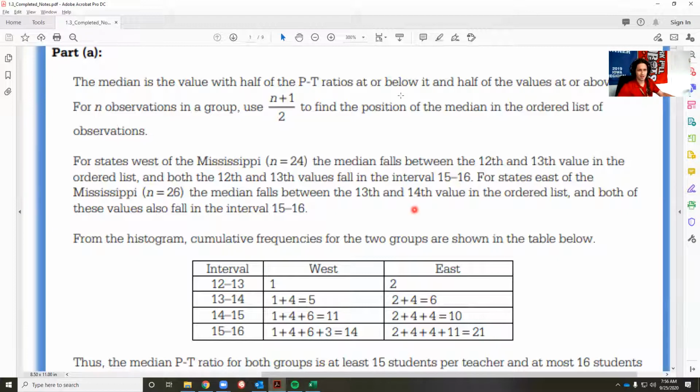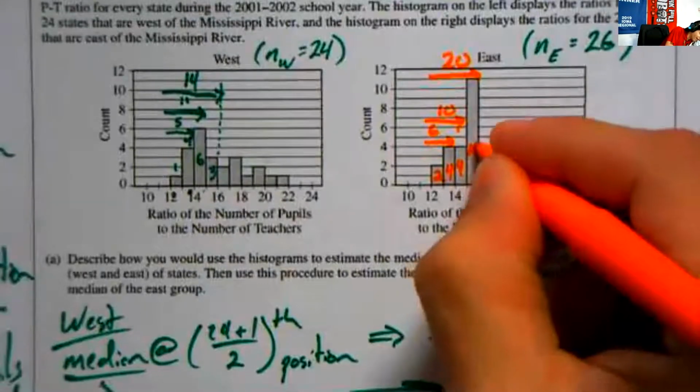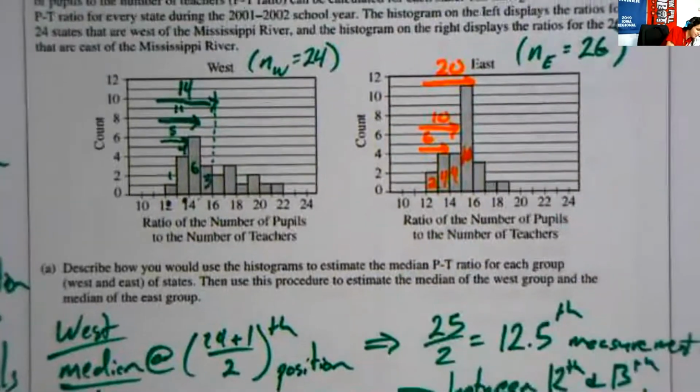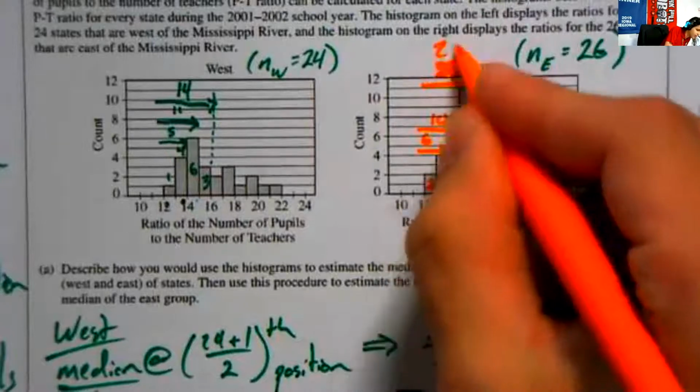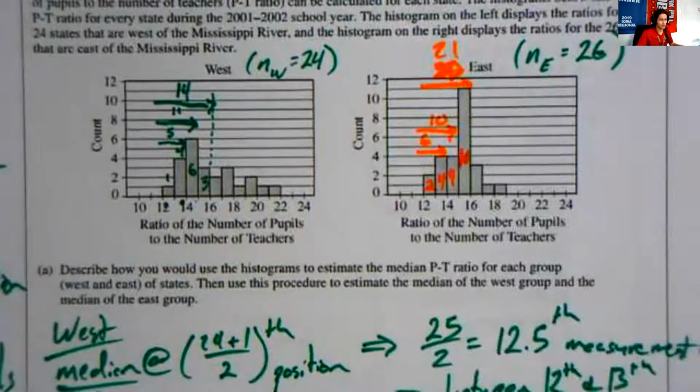But the point stands. Let's go back. Almost made a goof there. There are not 10 but 11 measurements in that column. That would make that 21. The point still stands. The 12th and 13th largest measurement would be in there.